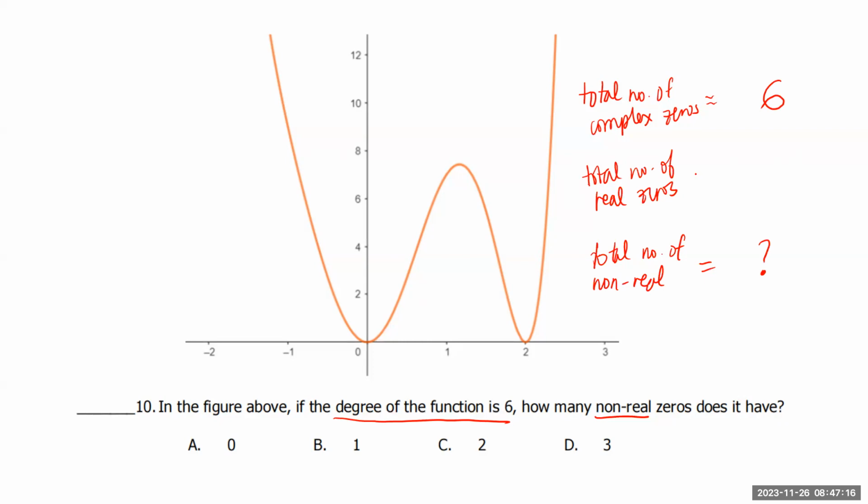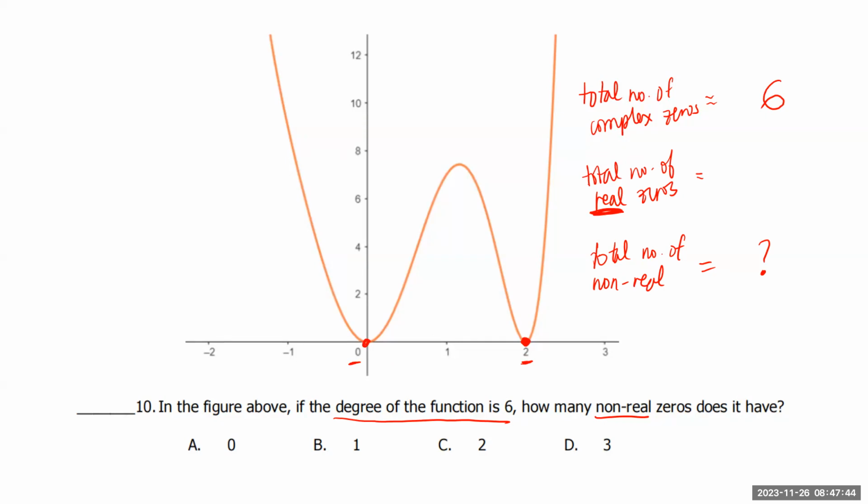So to get the total number of real zeros, since we are talking about real numbers, dapat nakikita natin sa Cartesian plane. And we see here 2 values or intercepts. You have here x equals 0 and x equals 2. But our answer is not automatically 2.